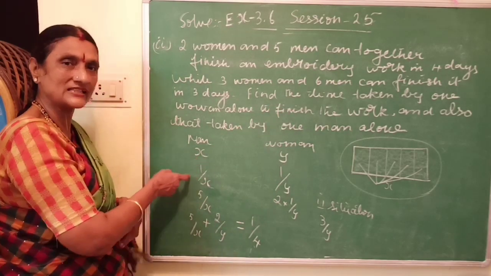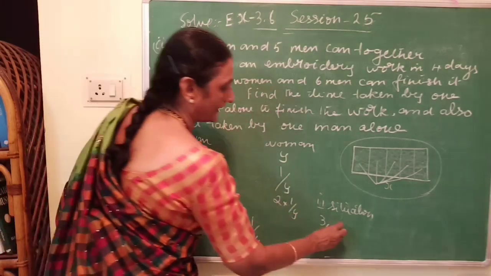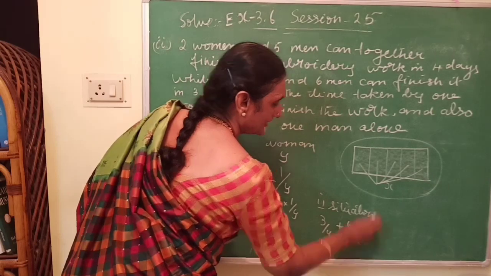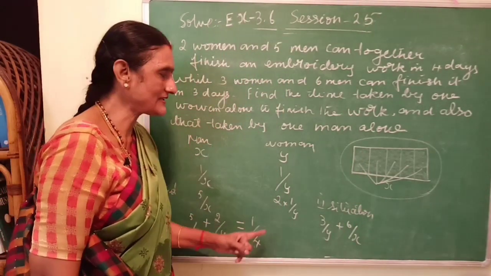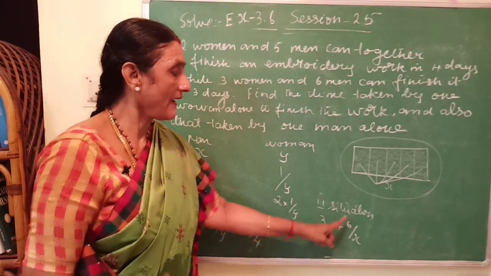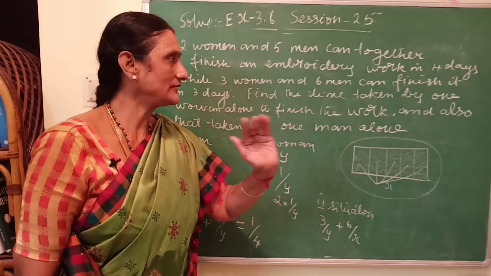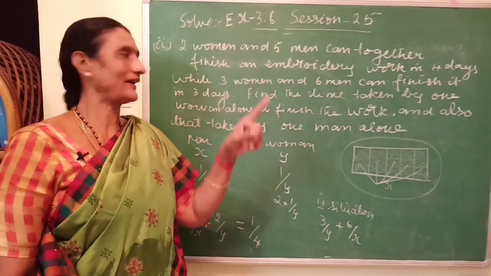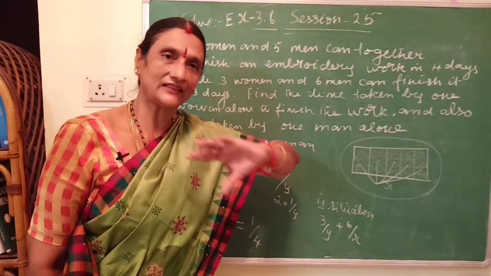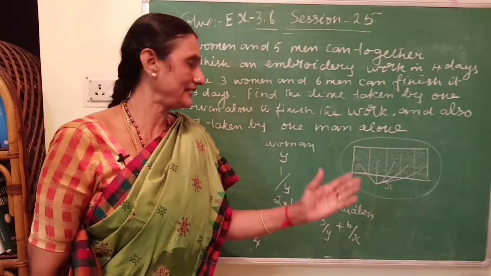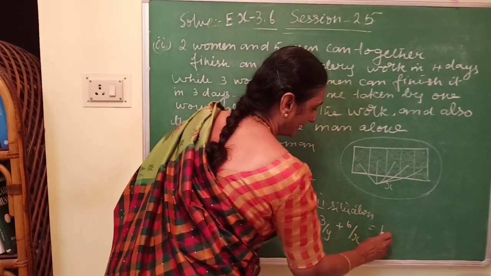One day a man can contribute 1 by x, so 6 men can contribute 6 by x of the work. Correct? So in the second situation, in one day 3 by y plus 6 by x of the work is done, so that 1/3 of the work is over because they are completing in 3 days. So 3 by y plus 6 by x is equal to 1 by 3.